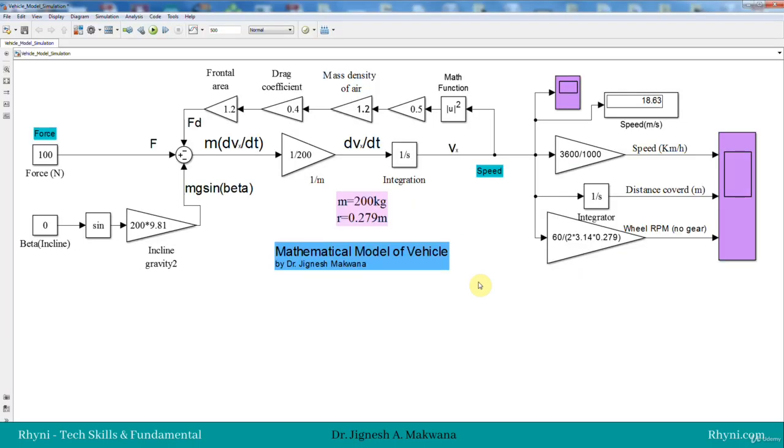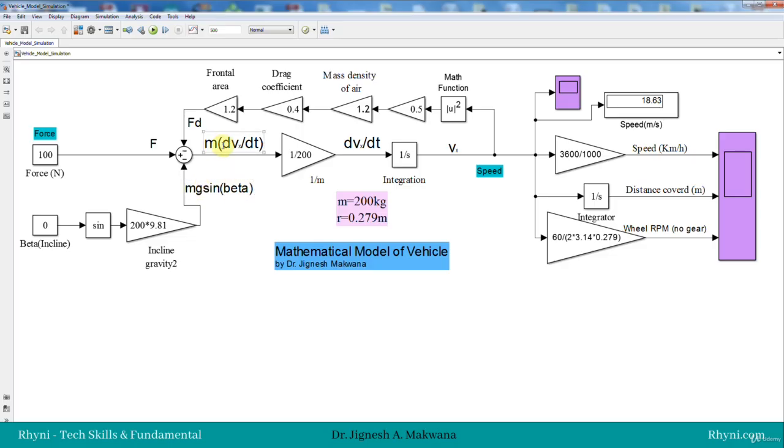Let's see. Here is the model I have developed for the vehicle. So we can see the Fd, applied force, and component mg sin beta. If you recall this equation, at this summation point we have the equation m into dv by dt is equal to the supplied force F, that is the force we applied, minus the opposing forces, Fd and mg sin beta.